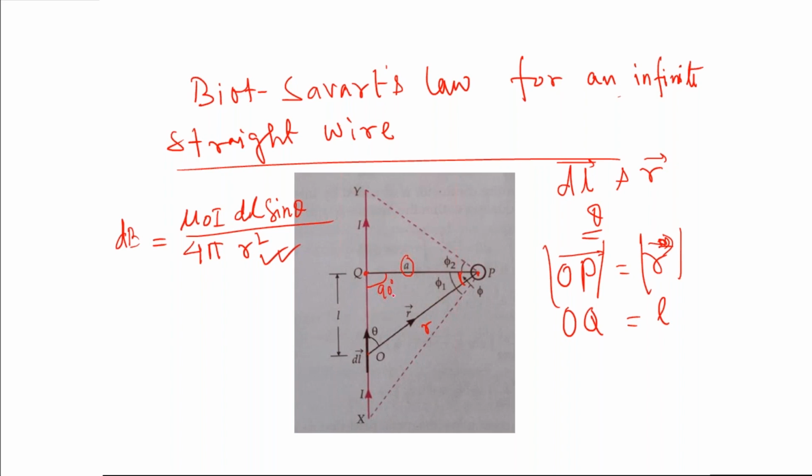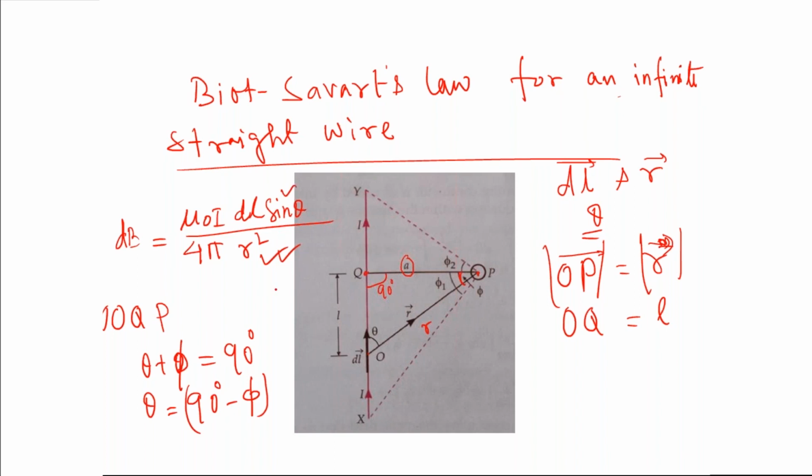Now look at this angle phi. If I take the triangle O, Q and P, theta plus phi will be 90 degrees. So what is the value of theta? Theta is 90 degrees minus phi. If I put it here, I'll get sine of 90 minus phi.